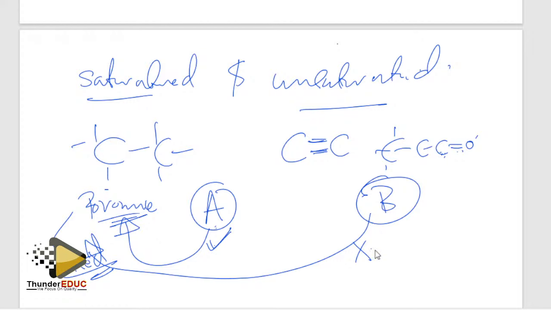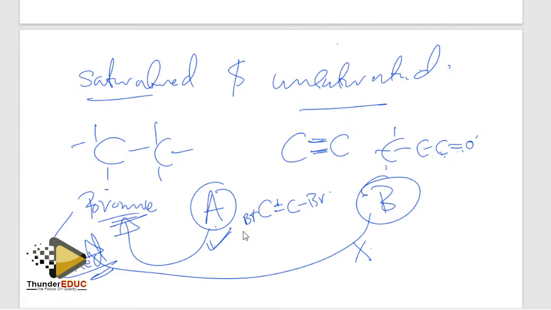Then they ask you which one is a saturated compound and which one is an unsaturated compound. The one that decolorizes changes the color from red to colorless, while the other one doesn't. If a compound is unsaturated, it has a double bond somewhere. This double bond is going to break so that a bromine comes here and another bromine comes there. So now the bromine has been used, and the red color has been changed into colorless. You need to know that.